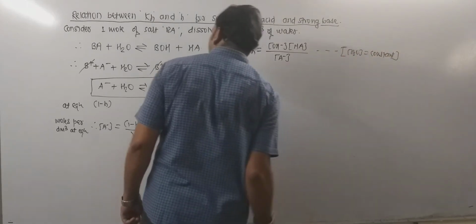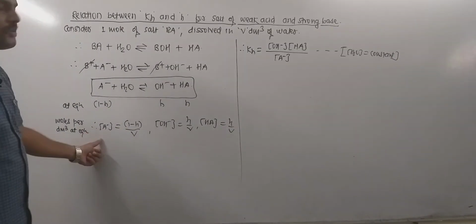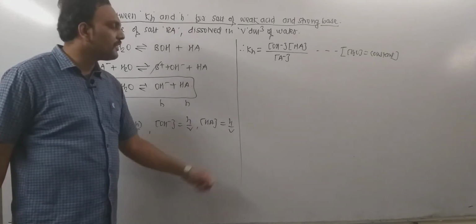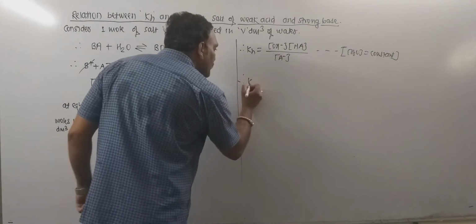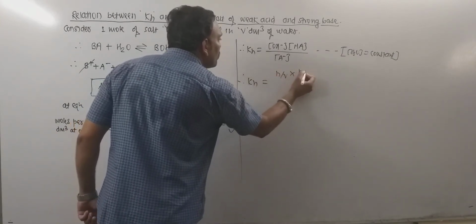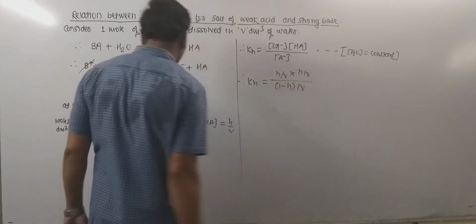If we put in the values of the concentrations of A-, OH- and HA, we get Kh equals h by V into h by V upon (1 minus h) by V.